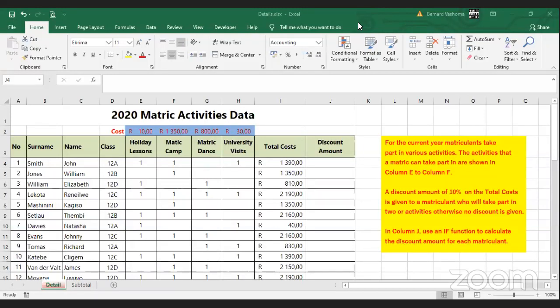Remember that the function is supposed to be in J4, right? In J4, that's where we're going to type the function. I'm sure you're saying, hey, we started with the most difficult one. But we just want to make sure... No one has managed to type to give an answer yet.